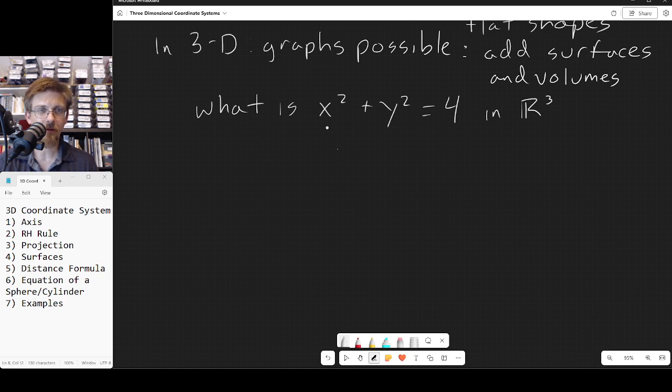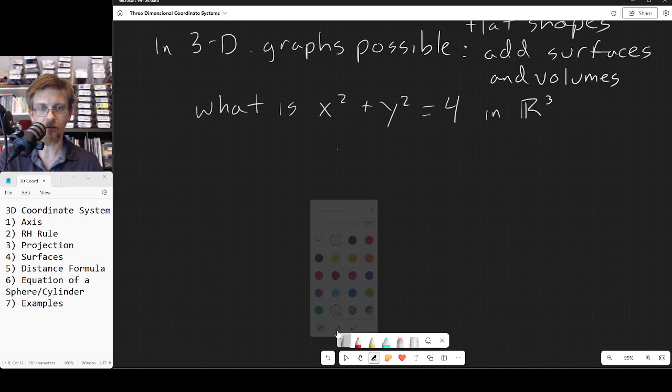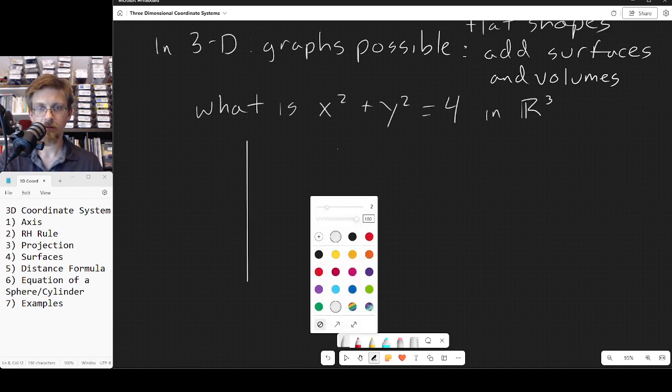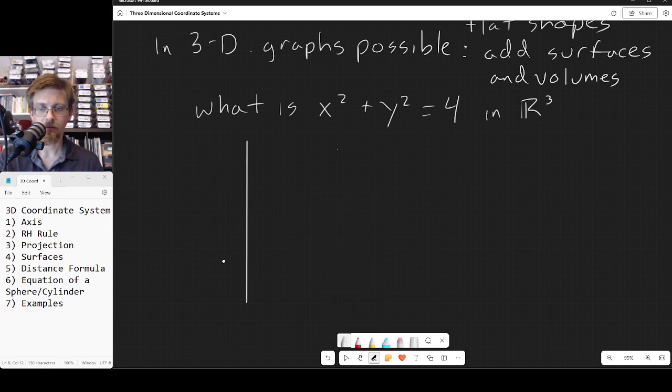In R3, or in R2, we would know what this is. This is just a circle whose center is at (0, 0) and whose radius is 2. Now in R3, z's not in this. And so that means that this is a cylinder of radius 2, centered at (0, 0), because there is no z to restrict it.